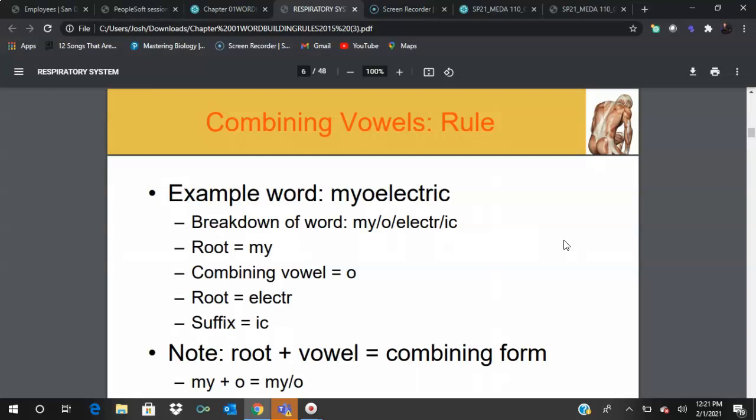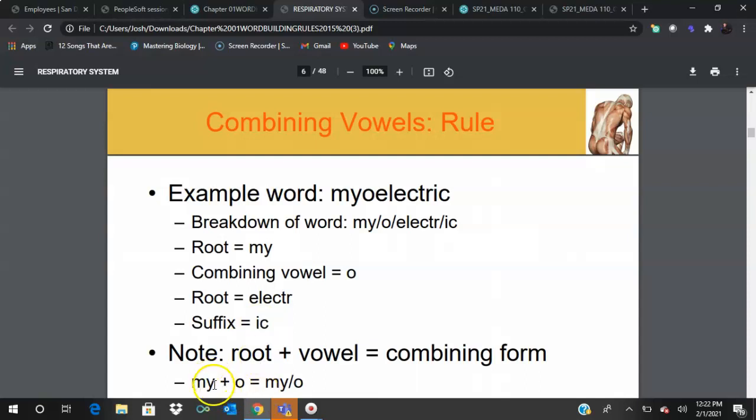Okay, but now what we'll find as we go a little bit farther is that when we put this suffix on it, IC means pertaining to. And so when you put that on the end of electr, you don't have to have that combining vowel there because this particular suffix starts with a vowel, okay? And so the word becomes myoelectric, okay?